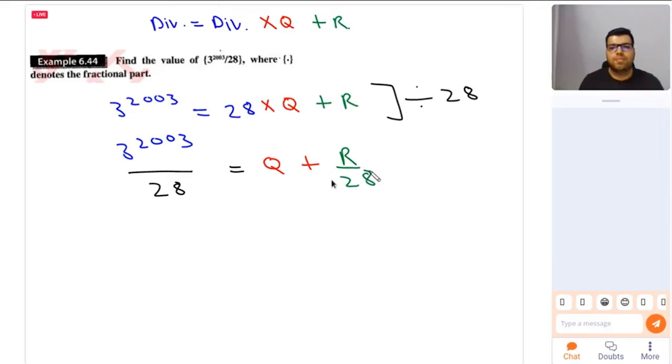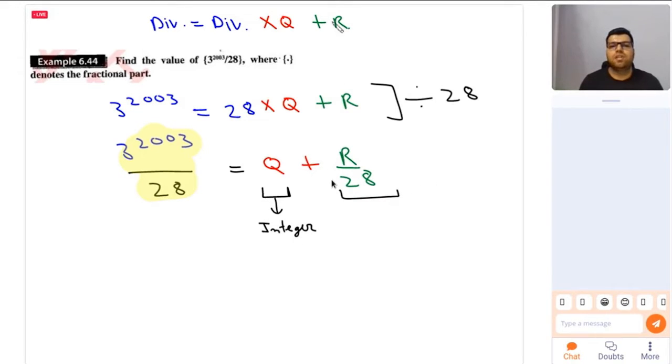So 3 raised to power 2003 divided by 28 is equal to Q plus R by 28. Now if you observe this part Q, it is an integer. Quotient is some integer. And this part is R by 28.